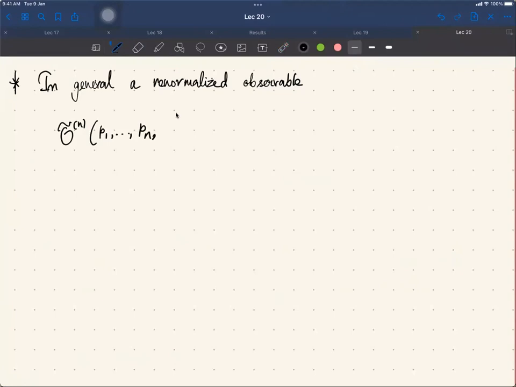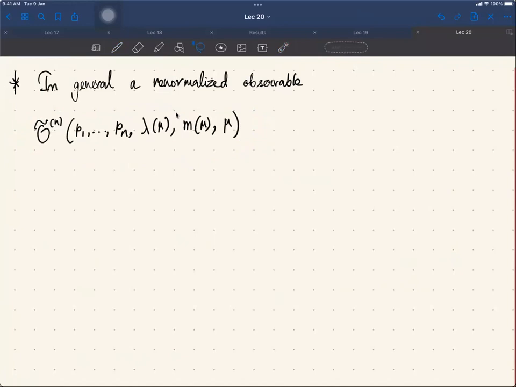Those are the physical quantities you calculate, and they will depend on the external momenta, the coupling lambda, which has implicit mu dependence, m, which also has mu dependence, and then there is an explicit mu dependence of O tilde n, and this will be written in terms of all sorts of 1 pi vertices, gamma tilde 2, gamma tilde 4, and so on.